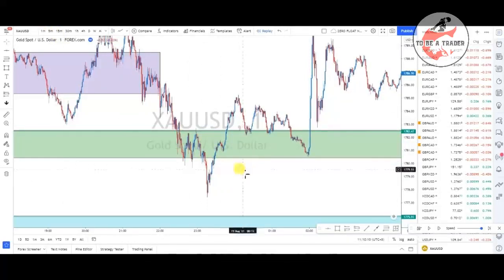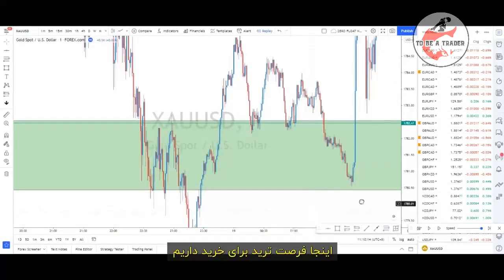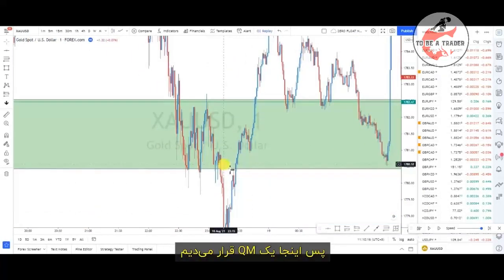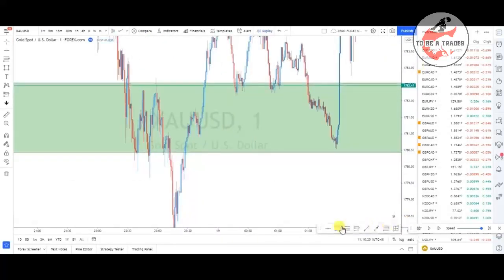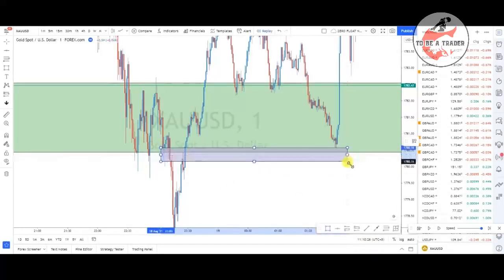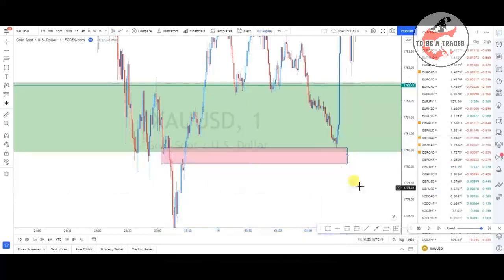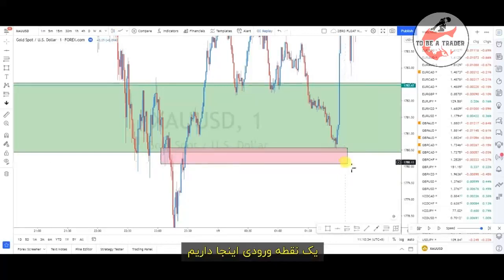So here we have a lot of opportunity if you want to trade for buy. Here you can put a QM as our price here. So I'm going to mark our entry point. Not only that, I'm going to color this pink for our entry point. So we have one here.